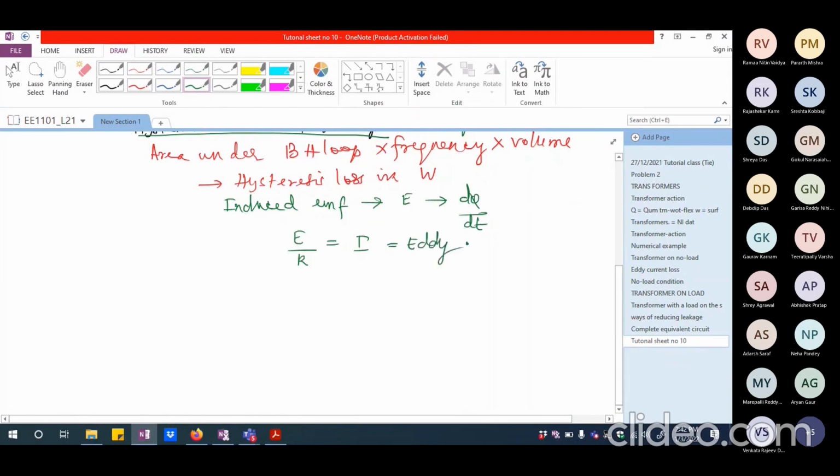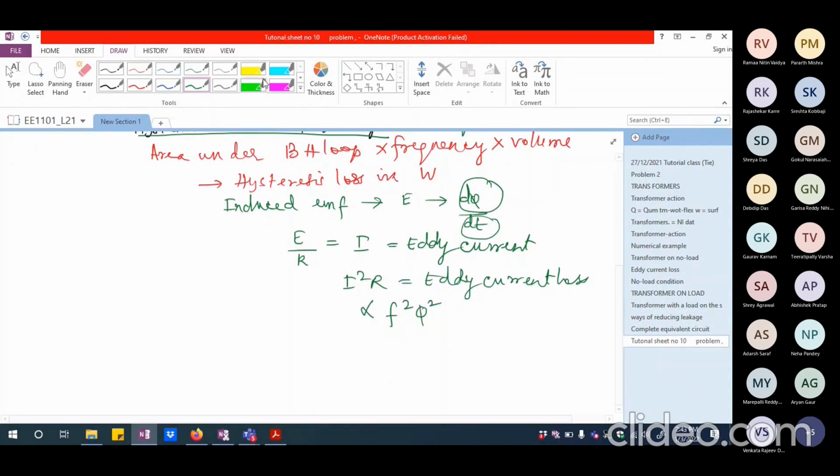So the eddy current loss, I square R, is proportional to phi square and also frequency square, because 1 by T is indirectly the frequency. So this becomes proportional to both frequency square as well as phi square.